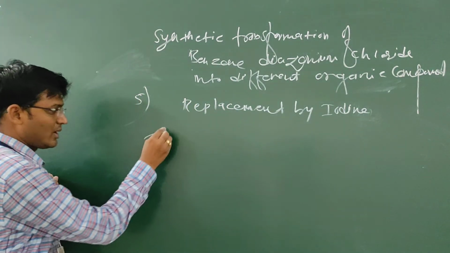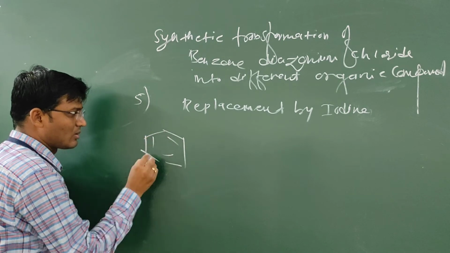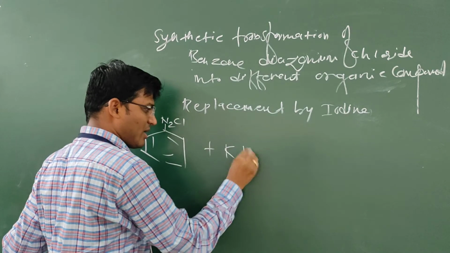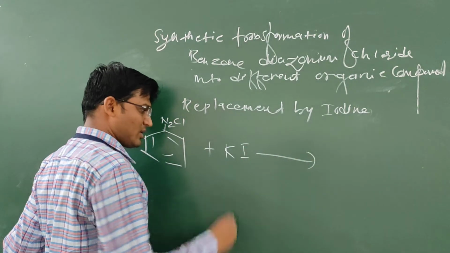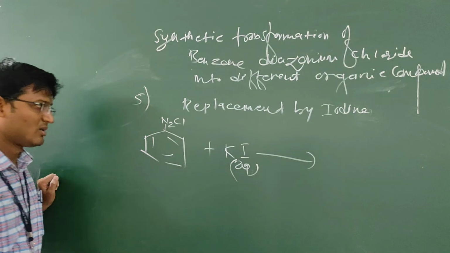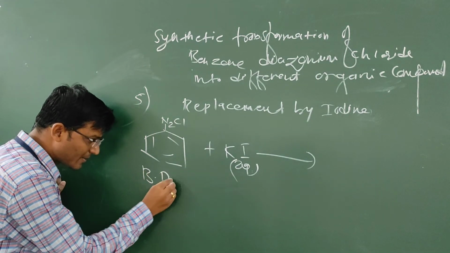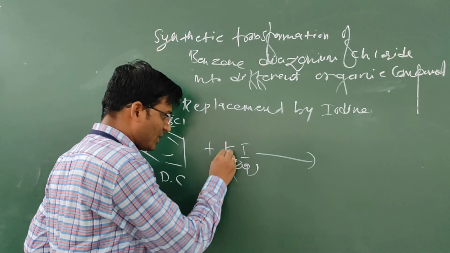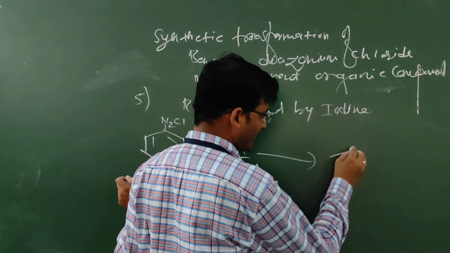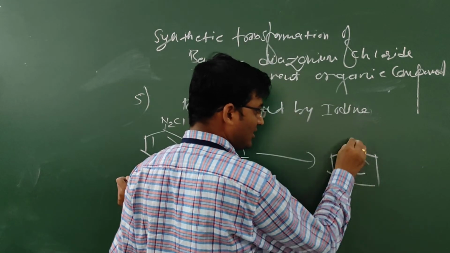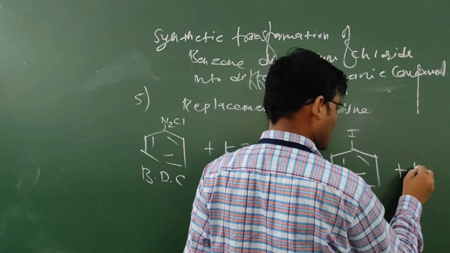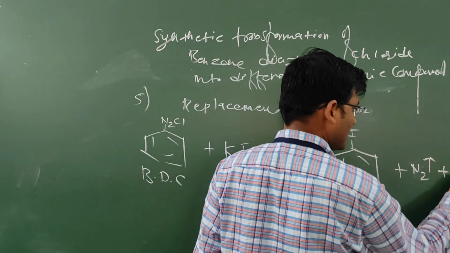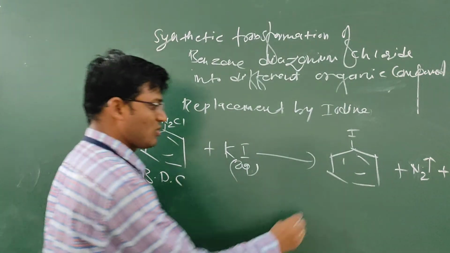When benzene diazonium chloride, N2Cl, reacts with aqueous potassium iodide, KI, it forms iodobenzene plus N2 plus KCl.